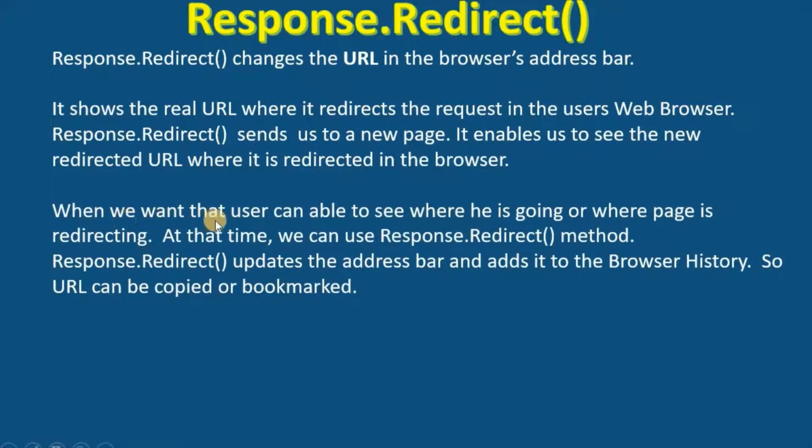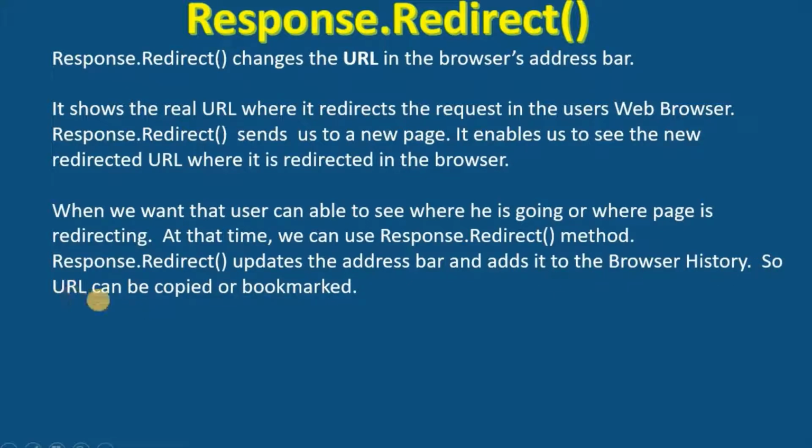When we want that user can able to see where he is going or where page is redirecting, at that time we can use response.redirect method. Response.redirect updates the address bar and adds it to the browser history.